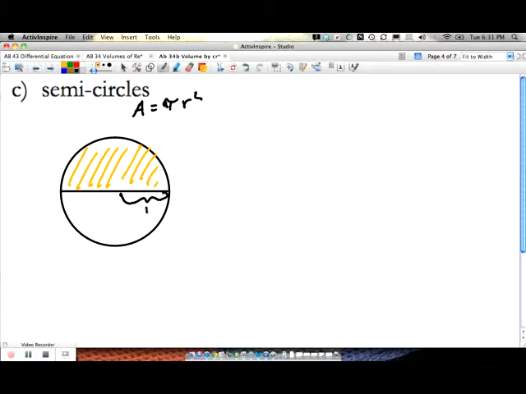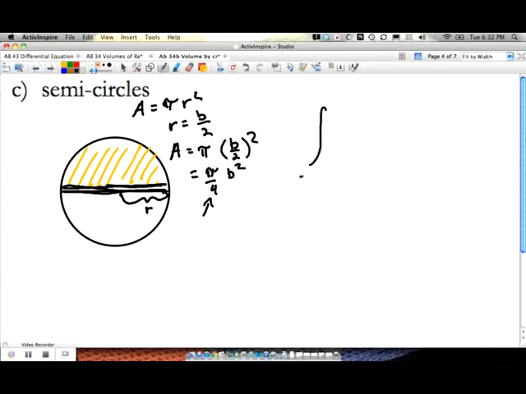But remember, r is really half of our base if we're looking at this as a semicircle sitting up on top. So then the base, r equals the base divided by 2. So then the area is equal to pi times b over 2 quantity squared, which simplifies to, if we square both the top and the bottom, we're going to get b squared, and the bottom is going to be 4, so it's pi over 4.